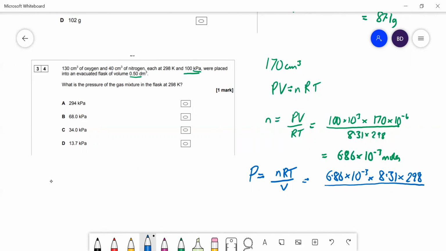And the volume of the container is 0.5 dm cubed. We need to convert that into meters cubed, so divide by, there's 1,000 dm cubed in a meter cubed, so that's going to be divided by 0.5 multiplied by 10 to the minus 3. Let's do that.